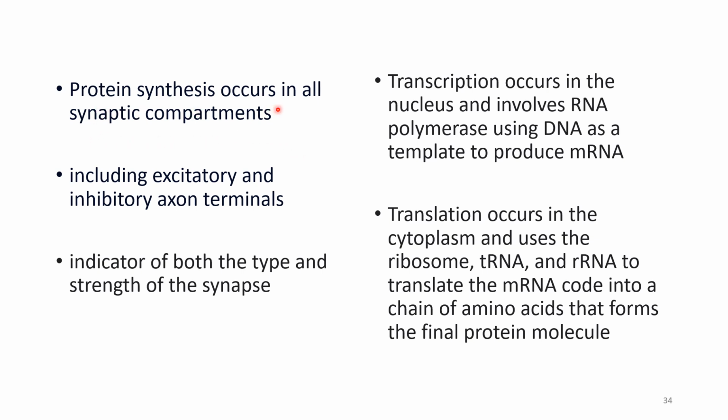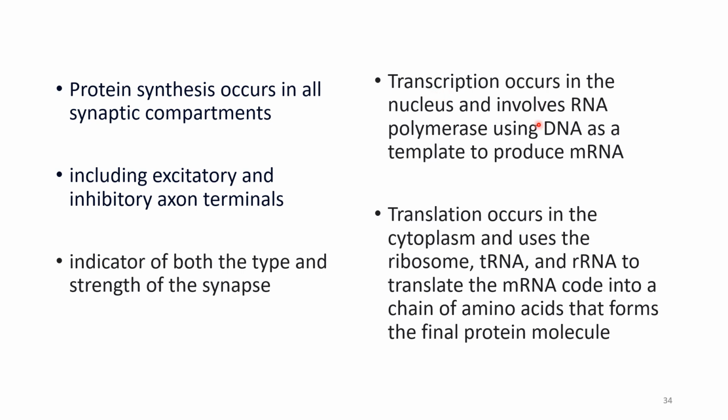Protein synthesis can also occur in all synaptic compartments, including excitatory and inhibitory axon terminals. And the type of protein present in the nerve terminal indicates the type of synapse and the strength of the synapse.